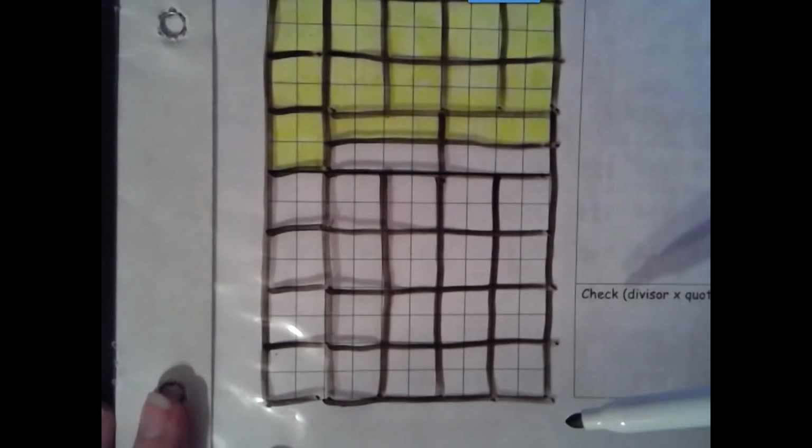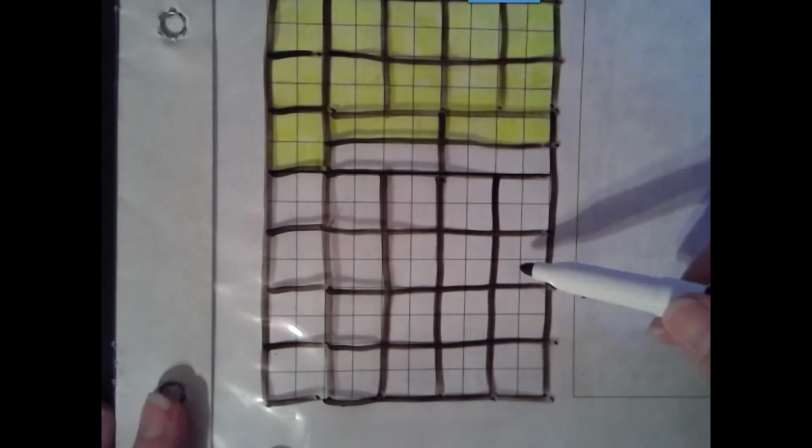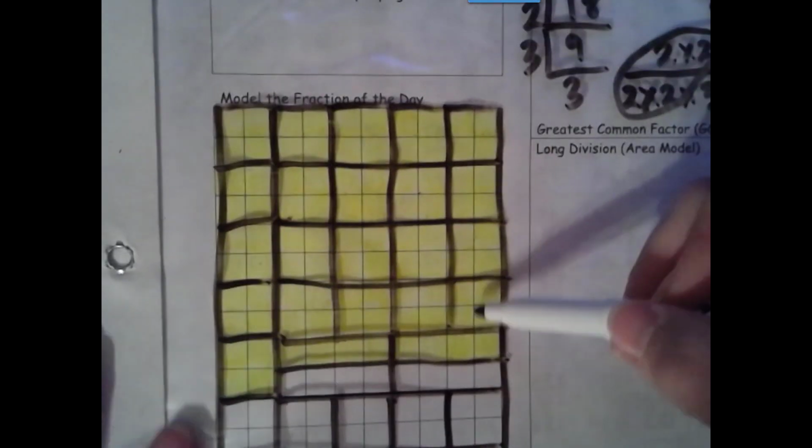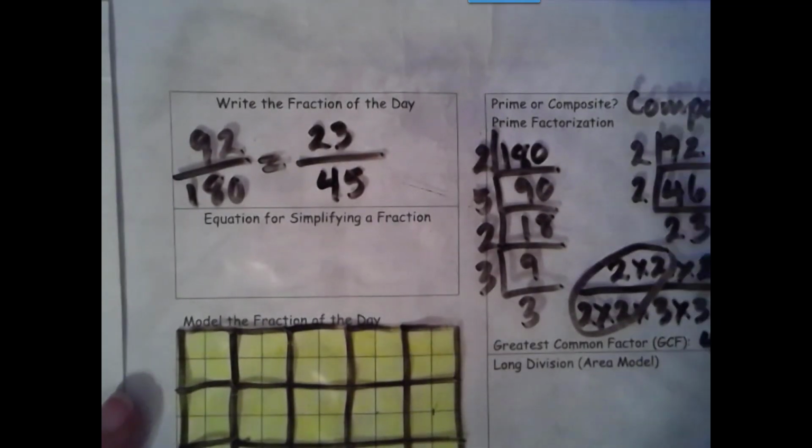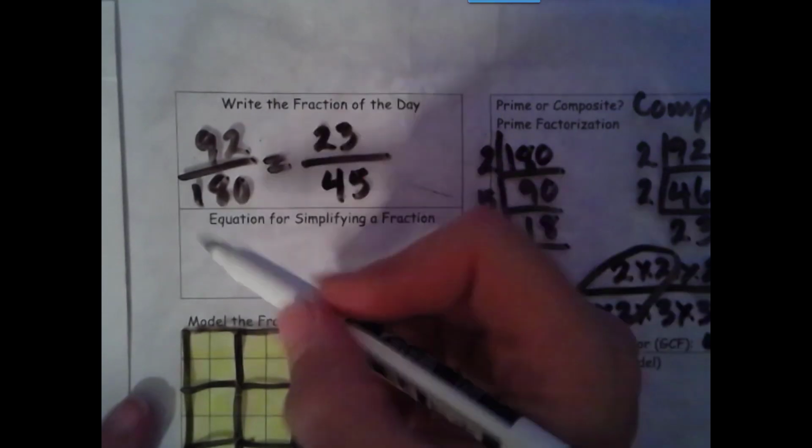Okay, so the way I've done it, I have 5 groups of 4 in each row, so I can count by 5s to figure out my total amount of groups of 4. 5, 10, 15, 20, 21, 22, 23, 24, 25, 30, 35, 40, 45 total groups. And I have 5, 10, 15, 20, 21, 22, 23 shaded in. Sorry, I wasn't showing you those numbers.